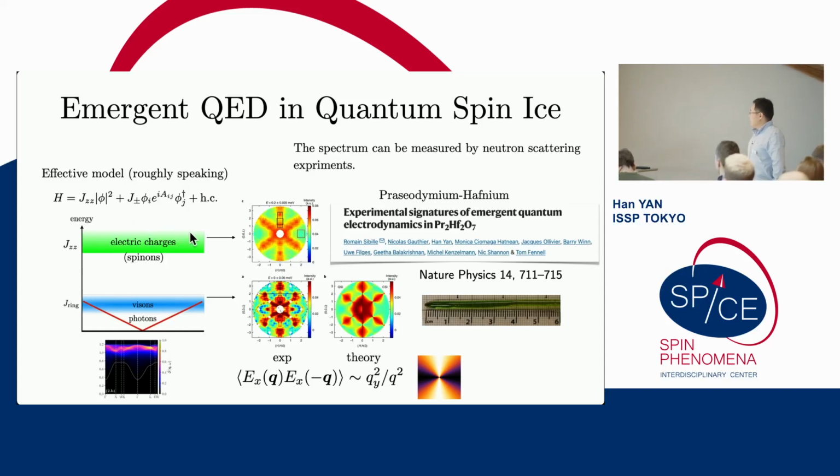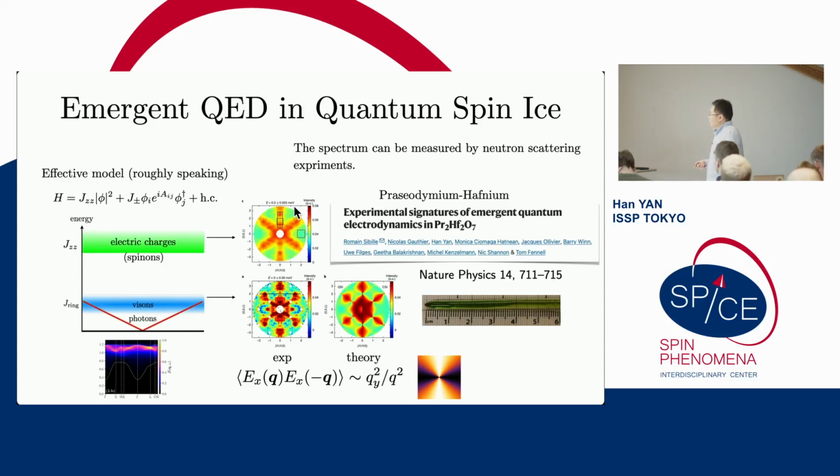And then at the higher energy sector, in this figure the xy axes are the momentum space or wave vectors, and the false color plot is the neutron intensity. We see effectively one more or less flat continuum with this six-legged star pattern. And this is consistent with the prediction of zero flux quantum spin ice.